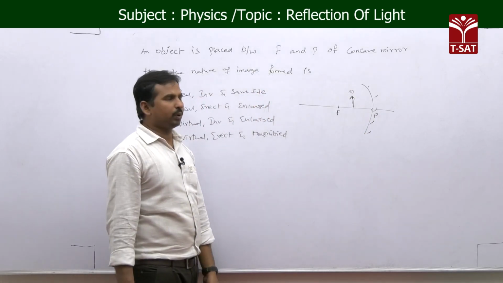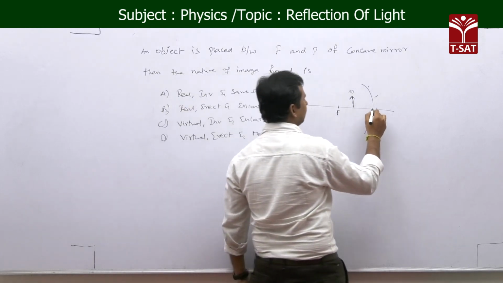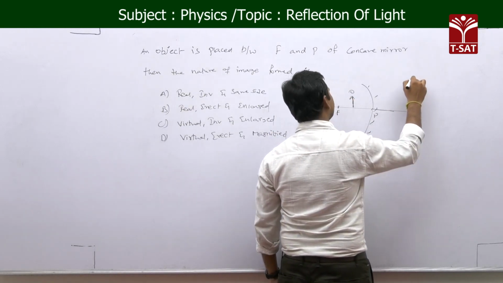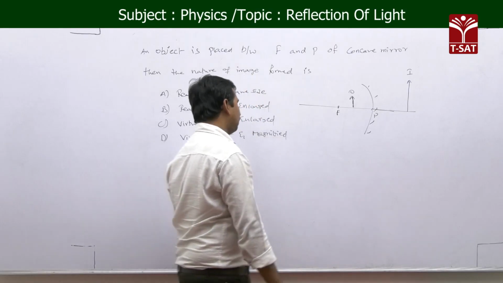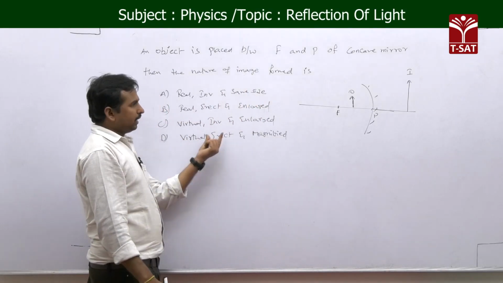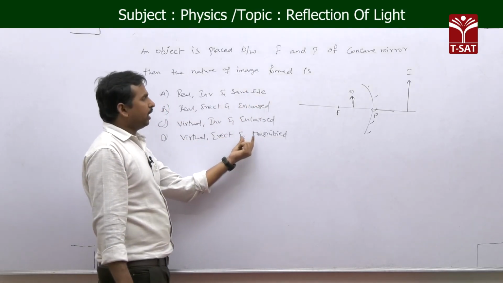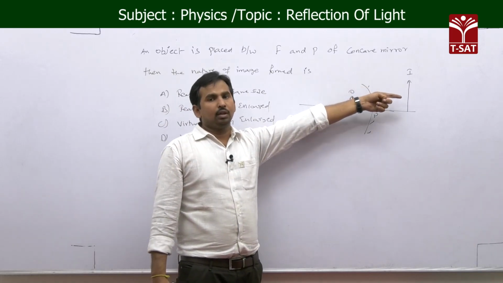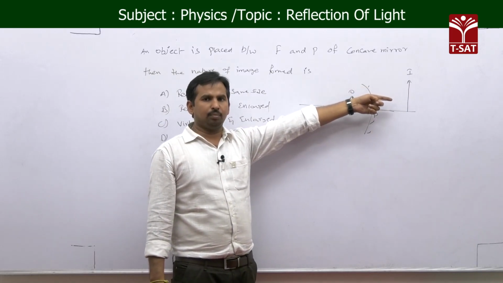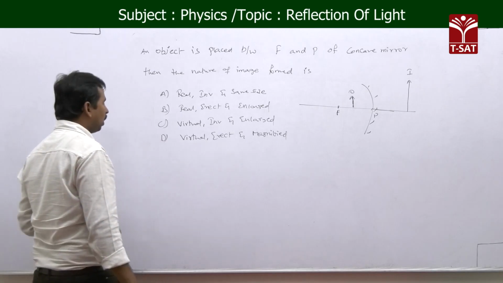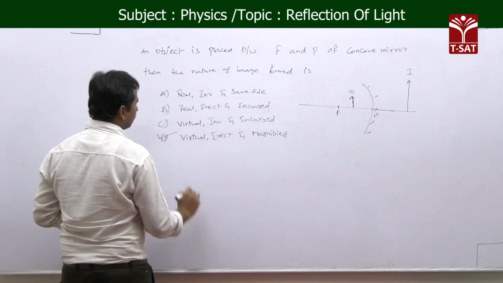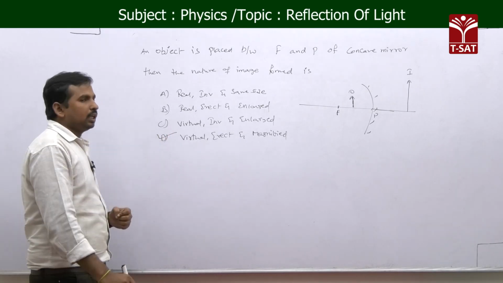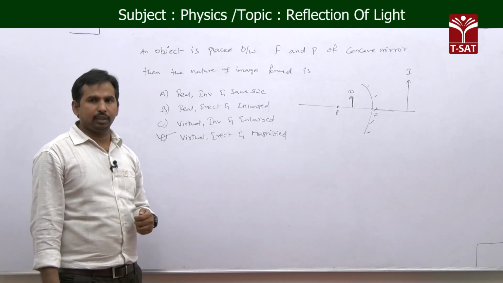Then the image formed is behind the mirror, like this. As it is virtual and behind the mirror, it is erect, and not only that, the image formed is magnified. So in the given options, option D is correct, which is virtual, erect and magnified.